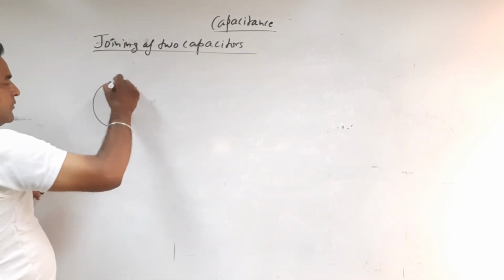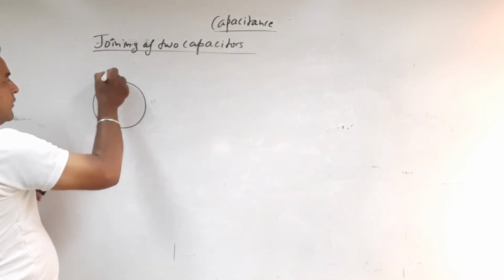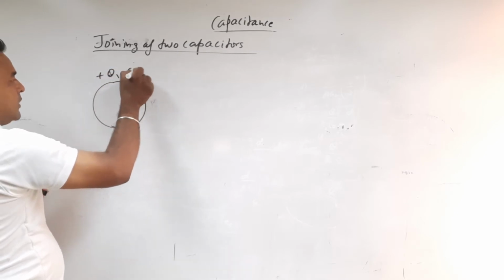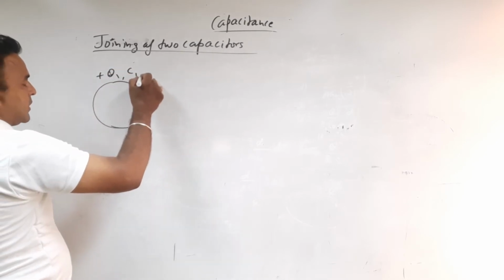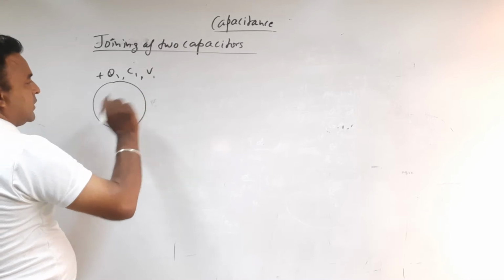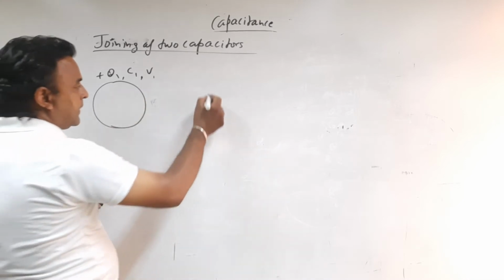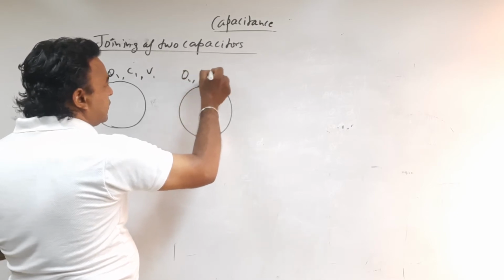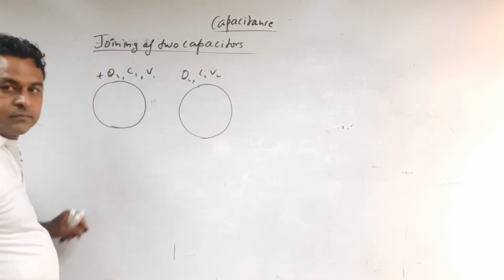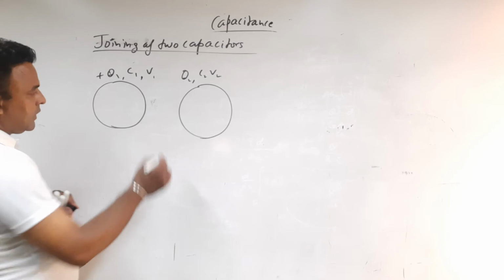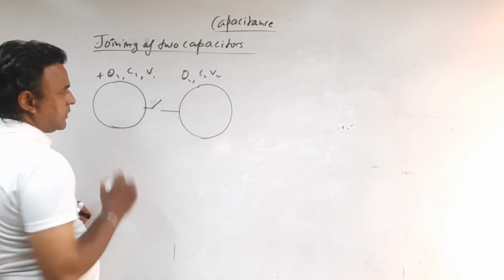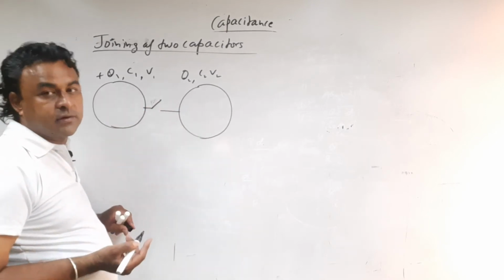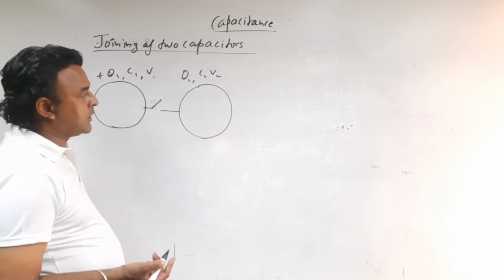Suppose here I have one capacitor having charge Q1, capacitance C1, potential V1. Here is another with Q2, C2 and V2. Now if we connect them, what will be the final charges and potentials?